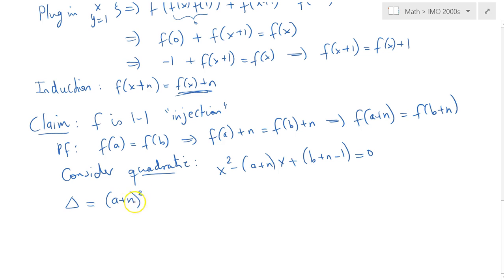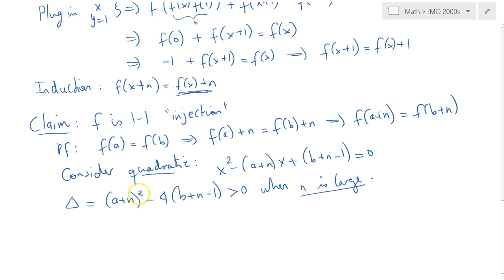So if I choose a convenient n which makes that discriminant strictly greater than 0, then that implies that we would have two real roots. For a large n, that would hold.